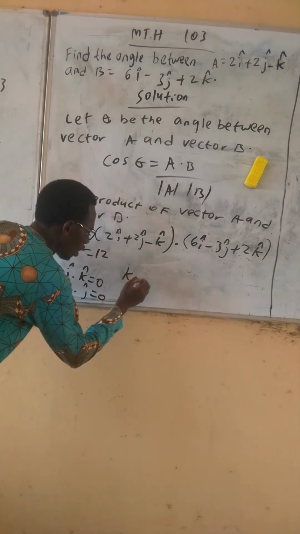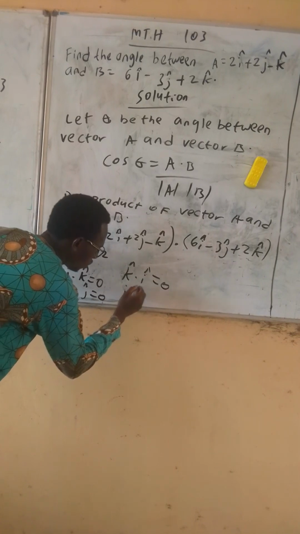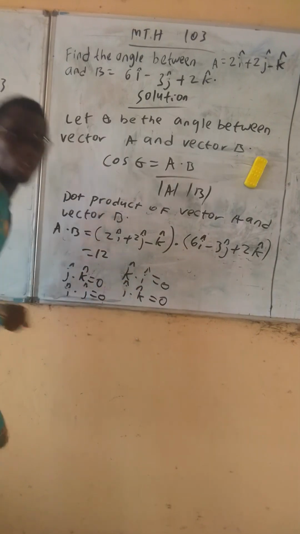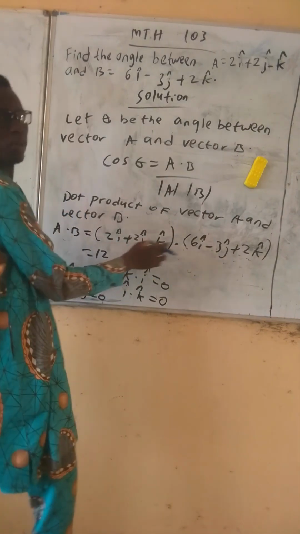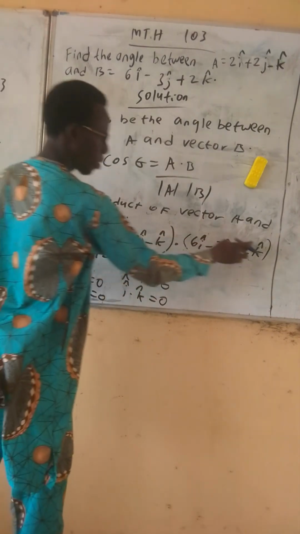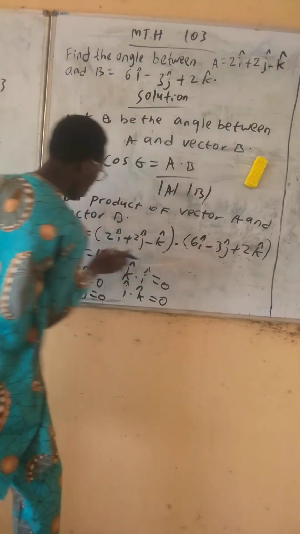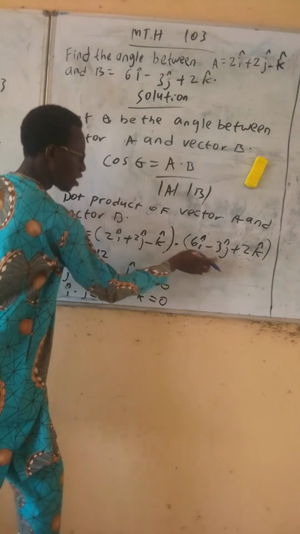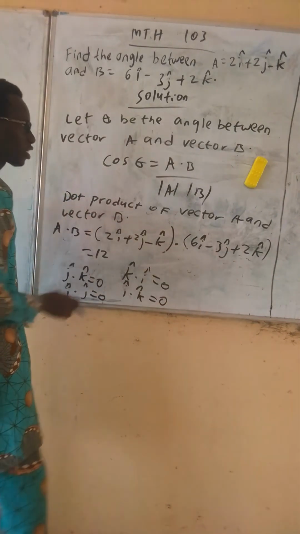K dot i equals 0. I dot k vector equals 0. So we only need to use the first term to multiply the first one, the second to multiply the second, and the third to multiply the third. When we use the first one to multiply the others, it gives us 0.